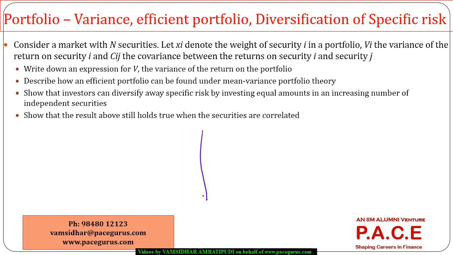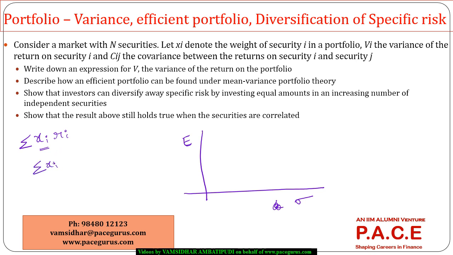Similarly, I can try out all the combinations. For each combination I will get the standard deviation or the variance of the portfolio, and I will also consider its expected return. The expected return is the sum of xi ri. By changing the weights, I get different expected returns of the portfolio.